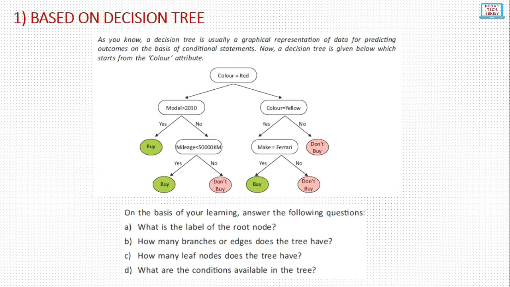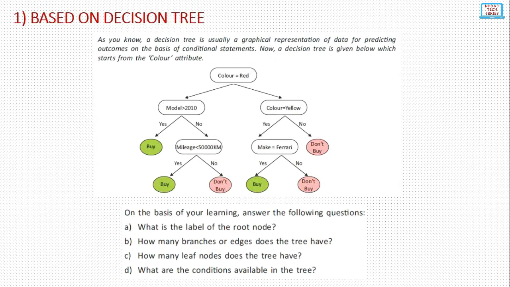How many leaf nodes does the tree have? So leaf nodes are the outcomes that we are getting. The total number of leaf nodes given in the decision tree is 6, 3 buy and 3 don't buy. What are the conditions available in the tree? So various conditions are given, like model is greater than 2010.